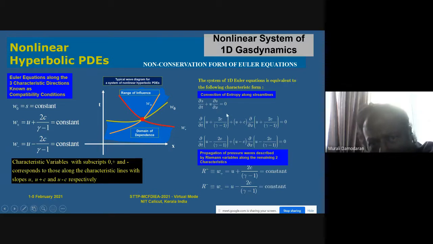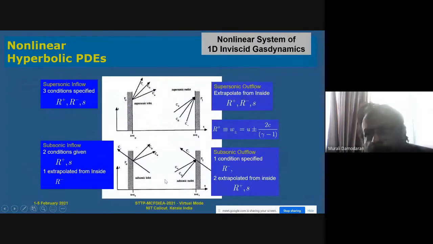And these are actually, if you look at it in an x-t direction, you will get curves. And along these curves, these are convected entropy and 2 Riemann invariants, and that is what we will use to guide our setting of the supersonic inlet, subsonic inlet, whatever.